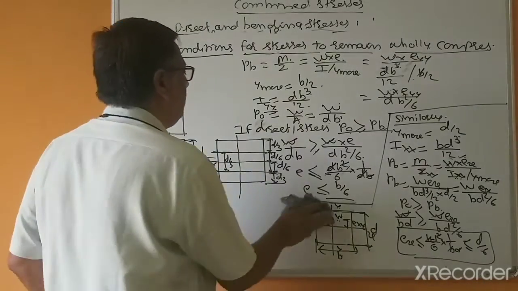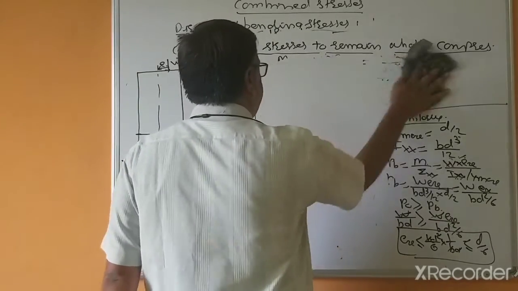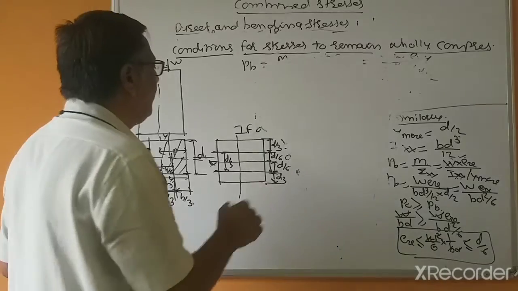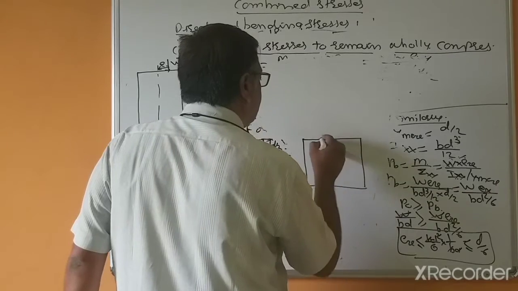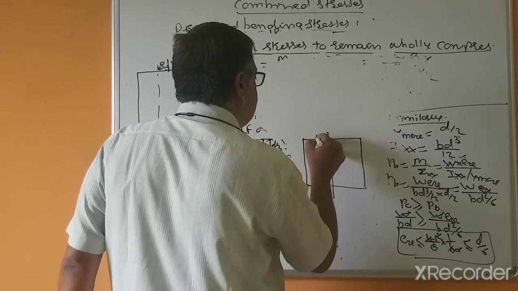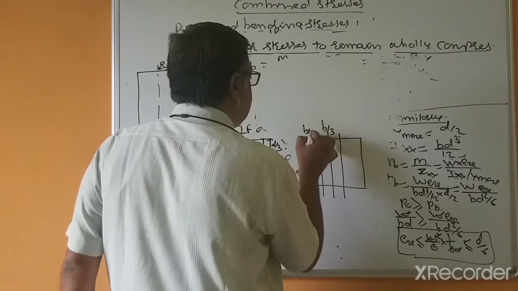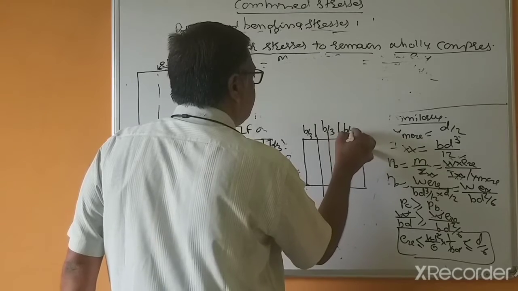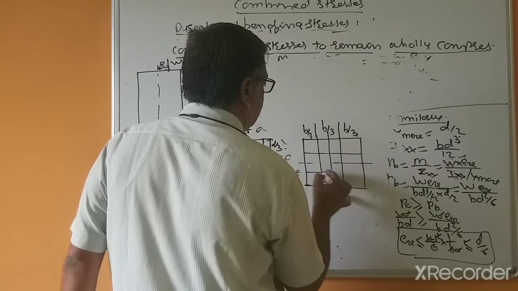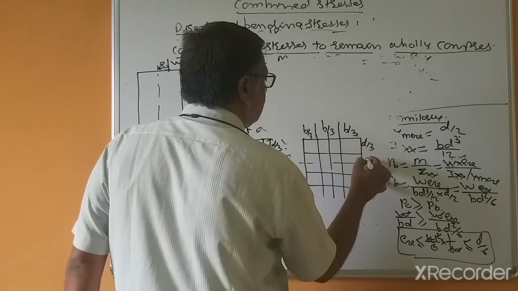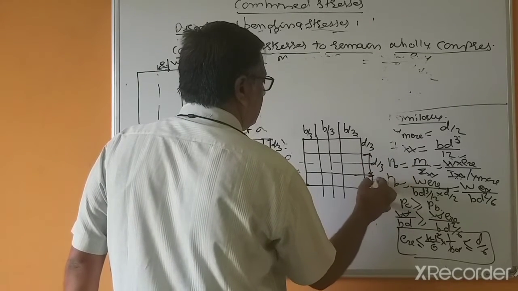So that's why here's the combined diagram, because this distance is B third, this is B third and this is B third. And this is D third, this is D third and this is D third.